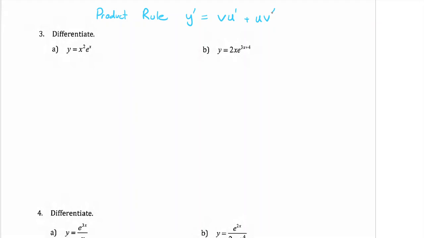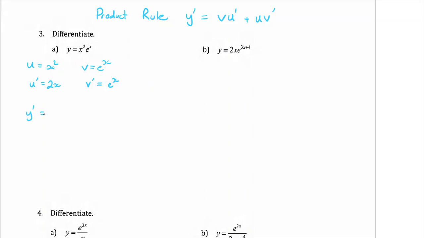So in A, u is going to be the x squared and v is going to be the e to the x. They are two x things that are multiplied together. Now I differentiate both of them. u dash is 2x, v dash is e to the x.